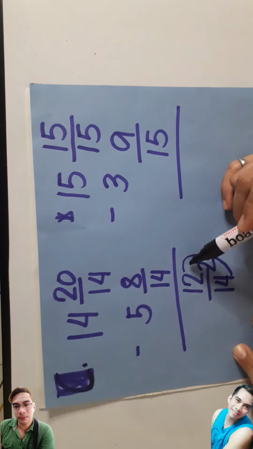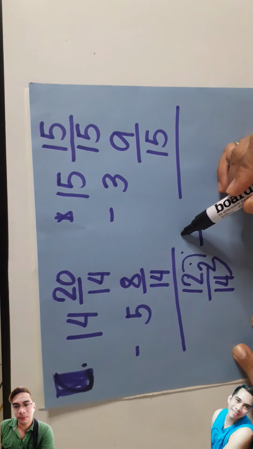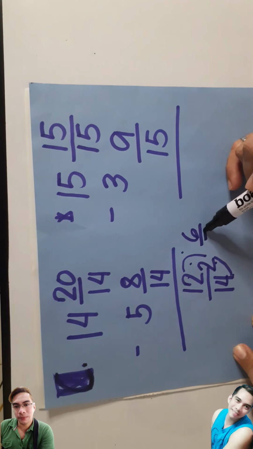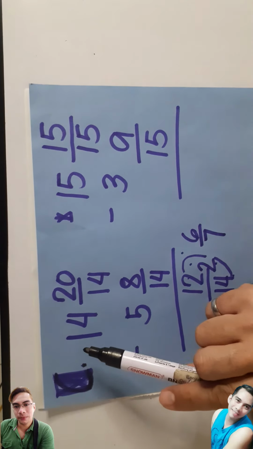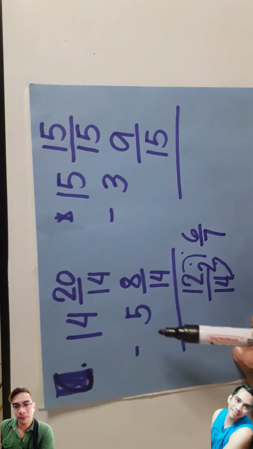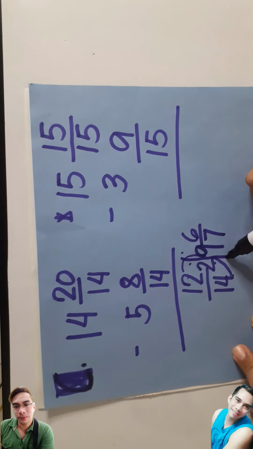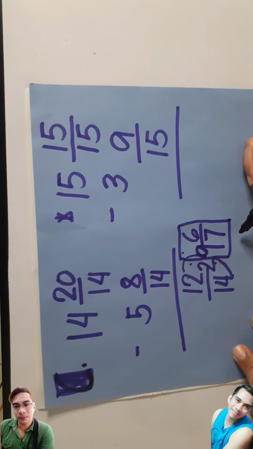I-divide natin both sides. So, 12 divided by 2, answer is 6. Then, 14 divided by 2, answer niya is 7. Then, subtract natin yung whole number, 14 minus 5, answer 9. So, our final answer is 9 and 6/7.